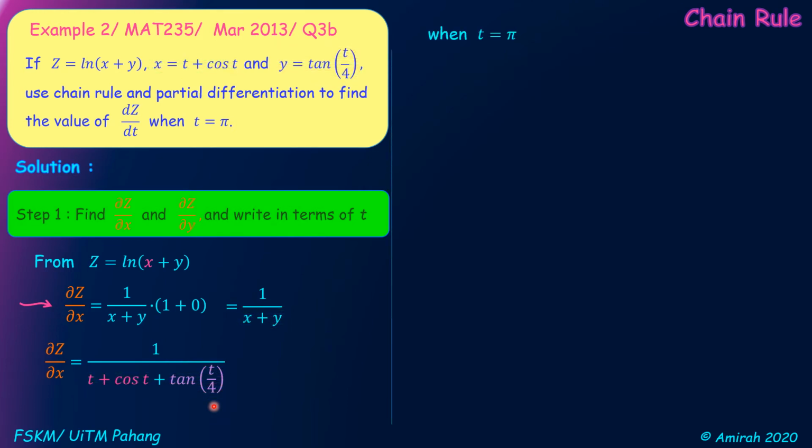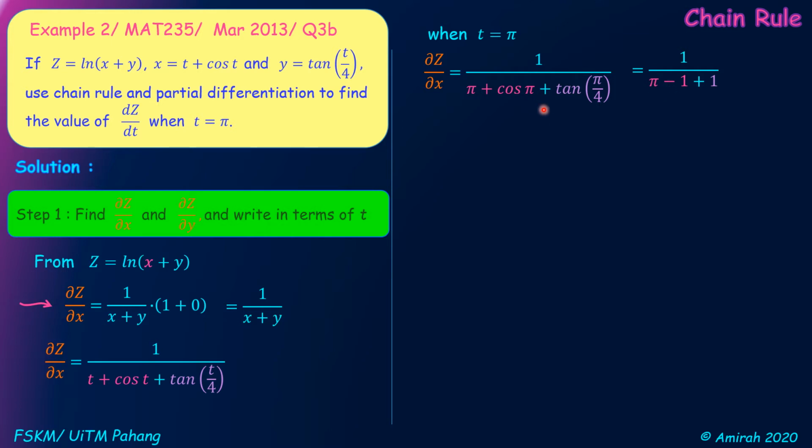And then after that, we can find ∂z/∂x at t equals pi. So ∂z/∂x when t equals pi equals 1 over, we replace t equals pi, so we get pi plus cos pi plus tan(pi/4). We get pi plus cos pi equals negative 1, so pi plus negative 1, which is pi minus 1.